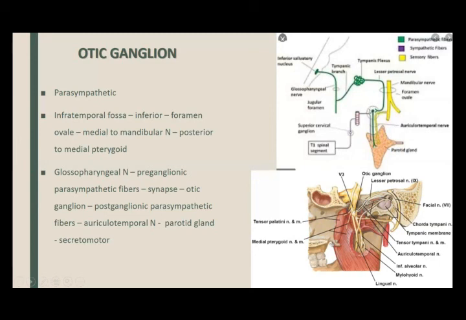There they synapse and relay, and from there postganglionic fibers arise which go and supply the parotid gland. What supply is it giving? Secretomotor. Stimulation of this nerve will make the parotid gland secrete its secretions.